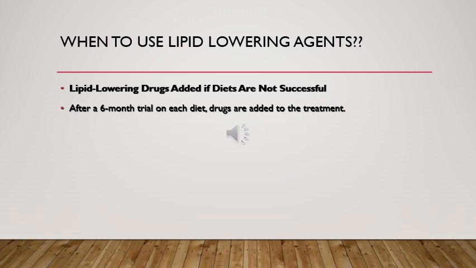And the final step was reaching up the evaluation of our program that have been done for nutrition manipulation, and it will be evaluated after 6 months of a trial with the diet. So if it is not successful, then we are going to use lipid lowering drugs.